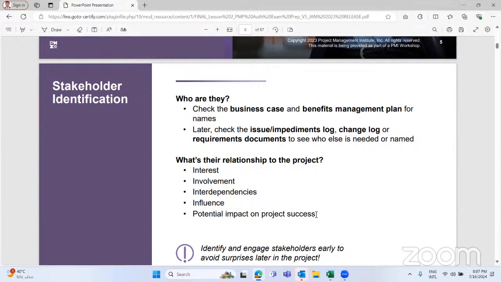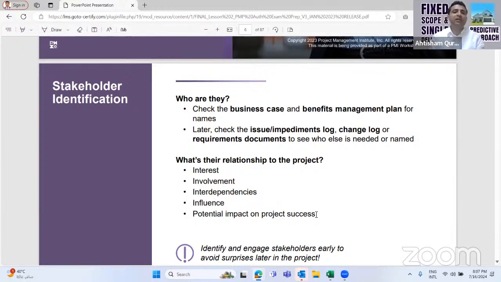Makes sense, sir. So we need to understand his interest level, and his interest level might be that he is unaware, or he is very much leading in the project. So we need to identify his engagement level. It means how much involved he is and what the dependencies are that we have on Valeri.